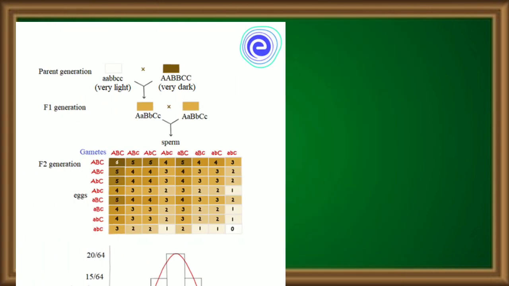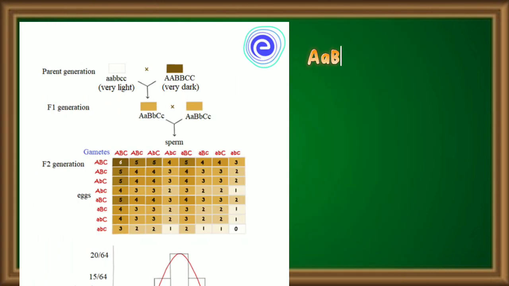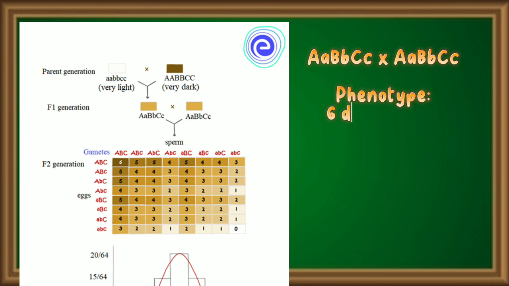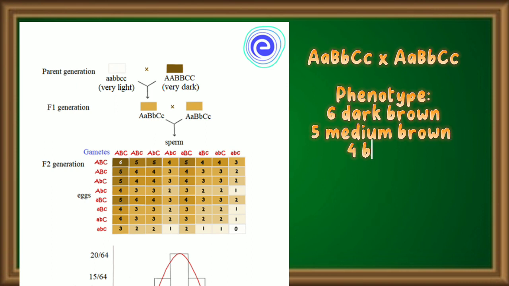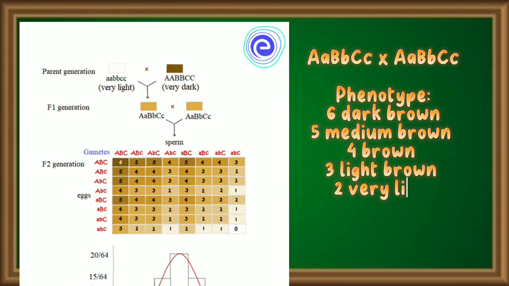When crisscrossed, it showed that it is possible to have 6 children with dark brown skin, 5 with medium brown skin, 4 with brown skin, 3 with light brown skin, 2 with very light brown skin, 1 child with fair skin, and 0% chance of having a child with pale skin.